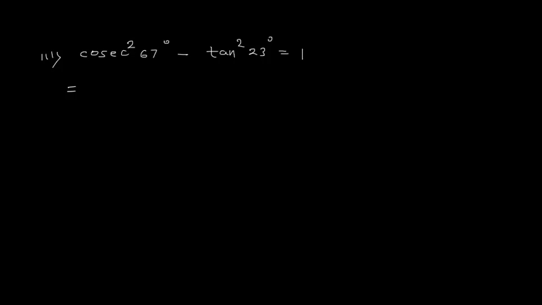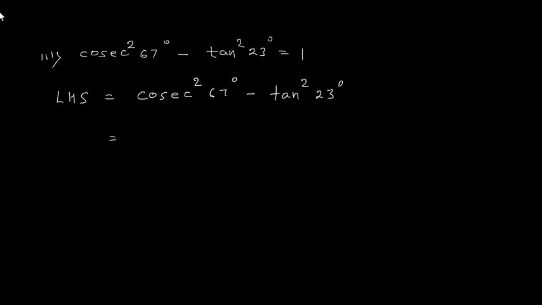We have one identity that cosec square theta minus cot square theta is equal to 1. So what we will do, we will take the left hand side. I will start with LHS. LHS is cosec square 67 degree minus tan square 23 degree.